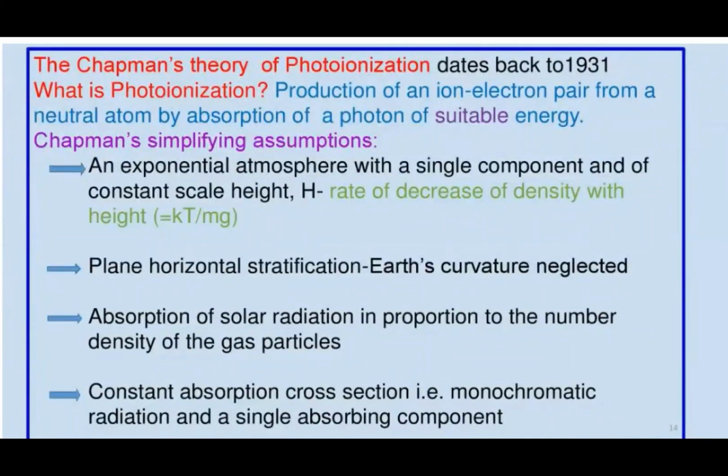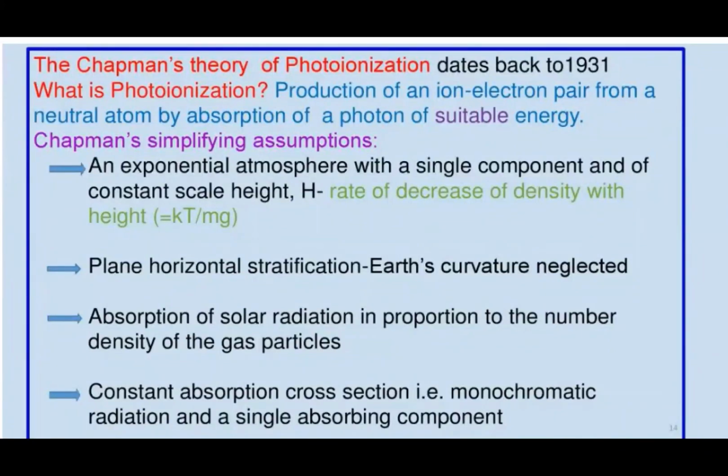To give some mathematical aspects of it, Chapman made some simplifying assumptions. He assumed the atmosphere is exponential, which we know. The atmosphere parameters like density, pressure, etc., decrease exponentially with respect to height. That is why, as we mentioned in the first slide, at about 100 kilometers, most of the atmosphere stops because of this exponential variation, but it doesn't become zero.